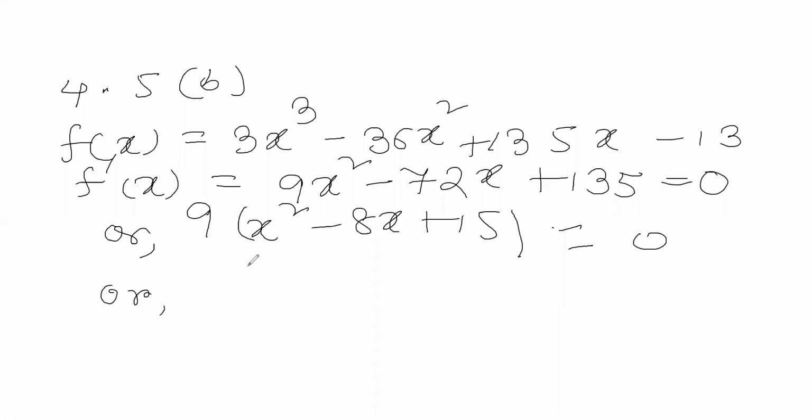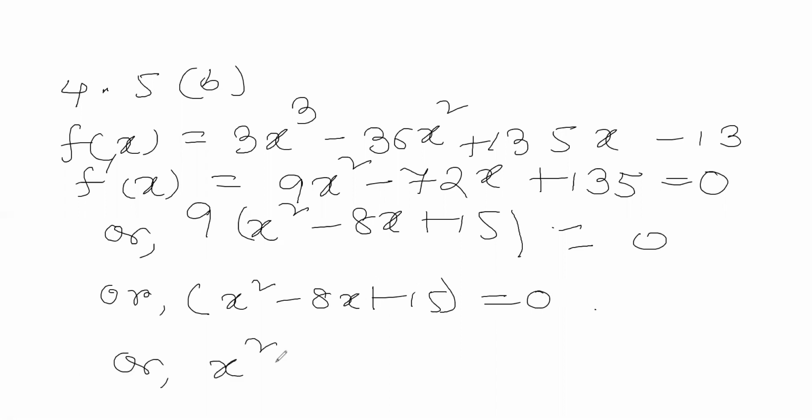Okay, so if I take 9 to the other side, 0 divided by 9 will provide us with a 0. Yes. So here we are left with x squared minus 8x plus 15, and this is equal to 0. Or we get x squared minus 3x minus 5x plus 15 is equal to 0.